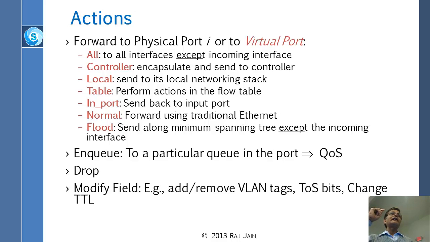One is that the request starts from the controller, and like any other packet, that packet is seen by the switch, and then it says what to do with this packet, and it says, okay, send it to all. So that is one way. Second way is that it could be just an instruction. Somehow it gets to the switch, and I don't know how it gets to the switch. And then the switch says, okay, I have to execute this instruction, which means send to all. In this case, it will send that to the controller also. And since we don't have the details, I would stop it right there.